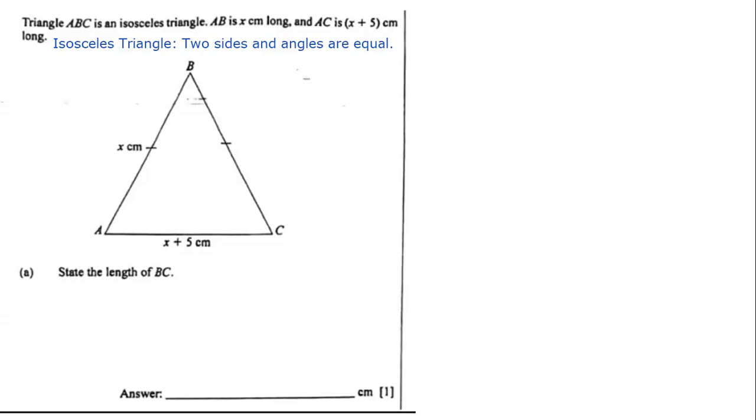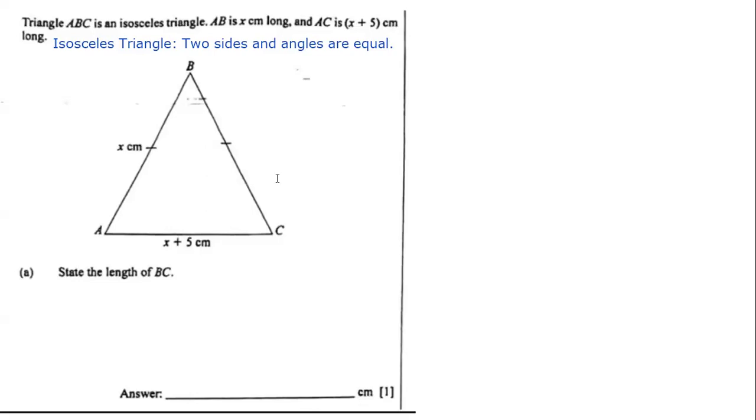Two sides and angles are equal. We have AB, and AB is X centimeters. Remember, the two sides are equal. So if this side is X centimeters, what is the other side going to be?